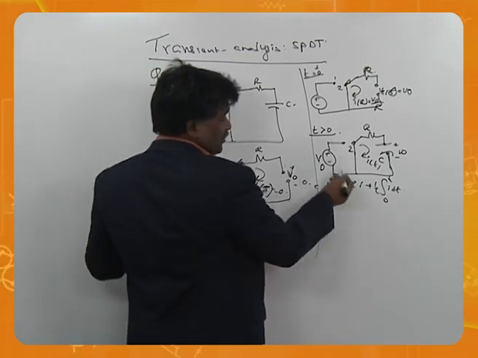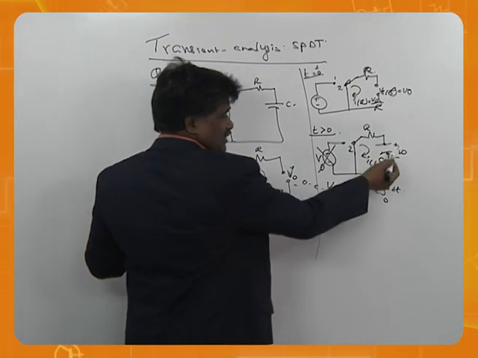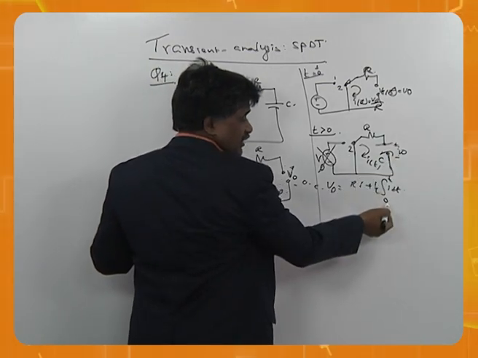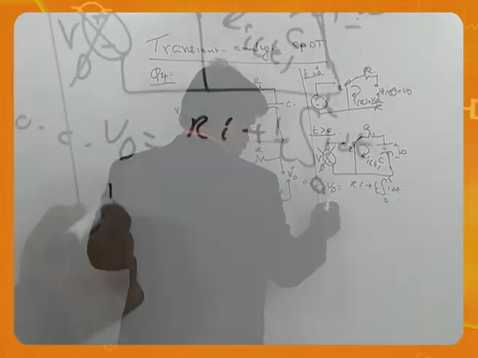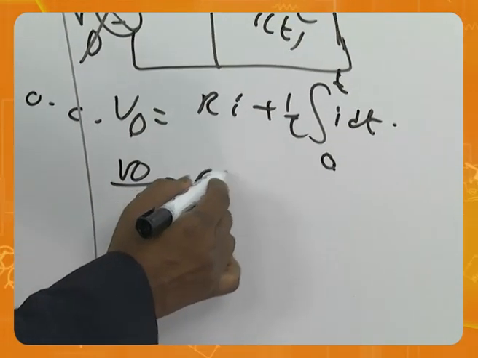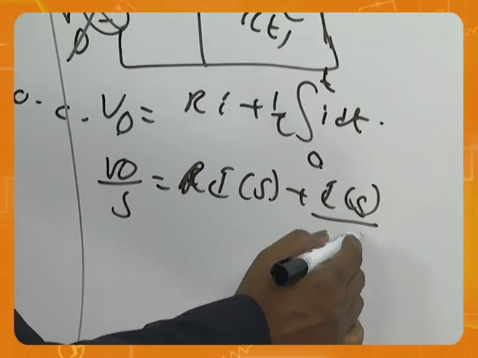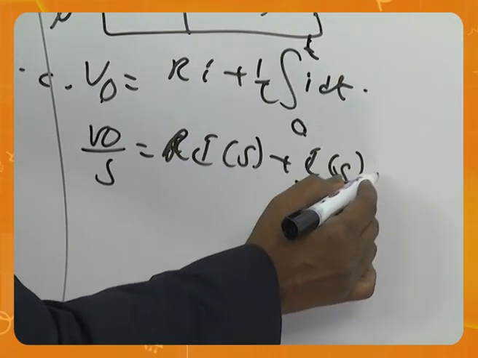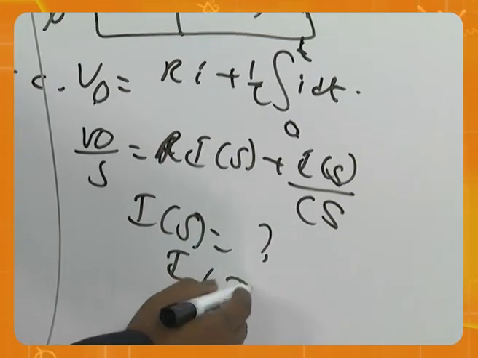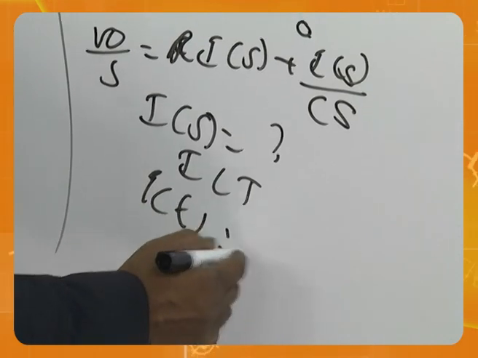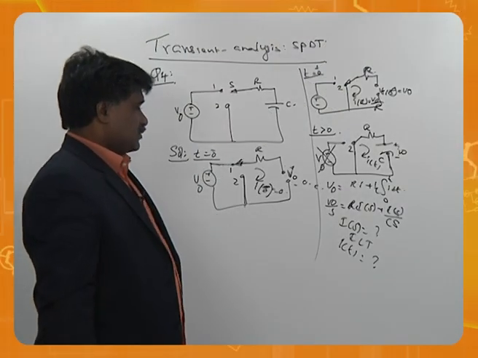This V0 is coming not from here, but from here. Because this initial value is taken, I am not writing minus, I am straight away writing for 0. So V0 by s equals R into I(s) plus I(s) by Cs. Solve for I(s), then if you take the inverse, i(t) will come.